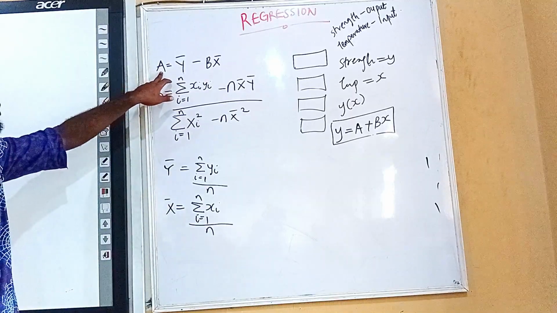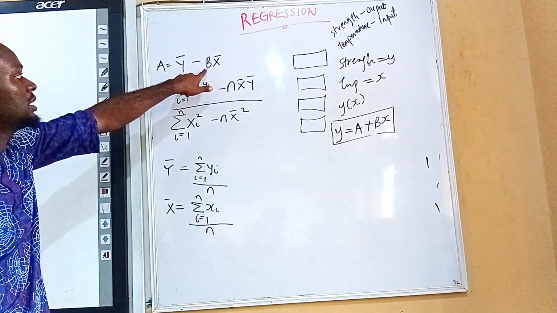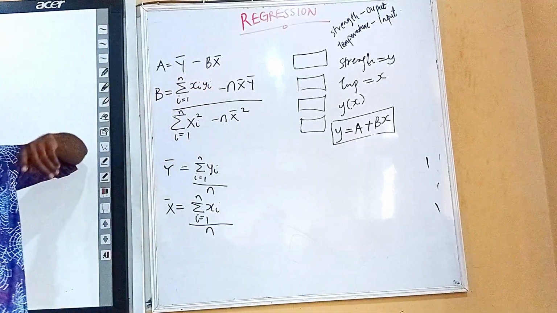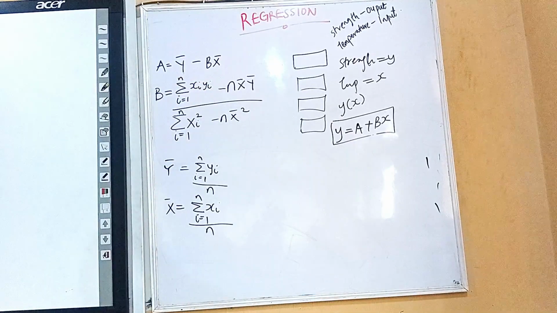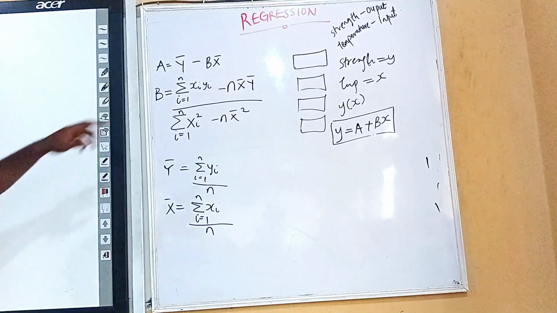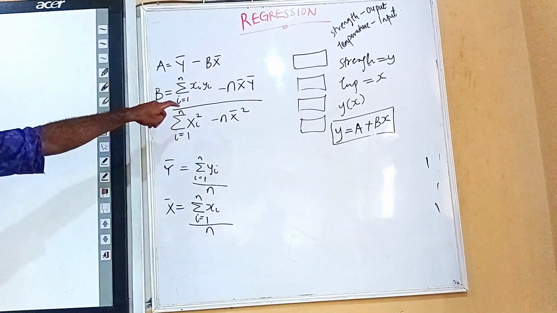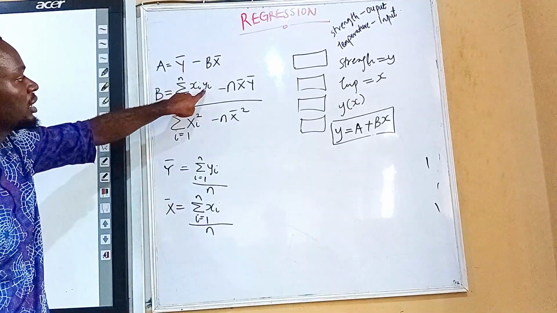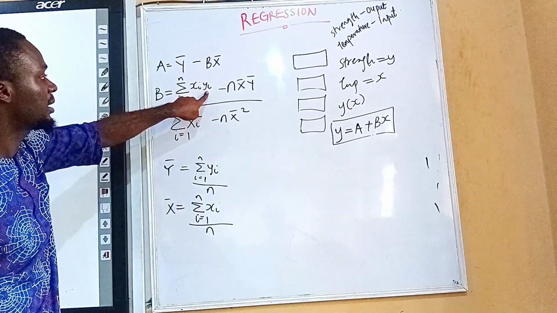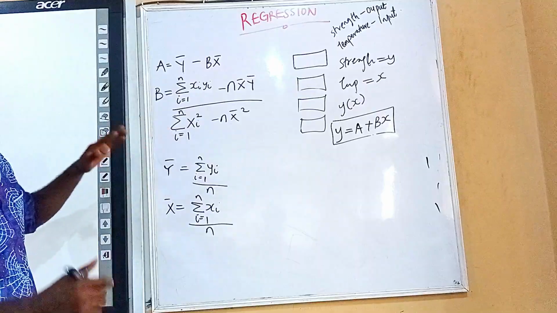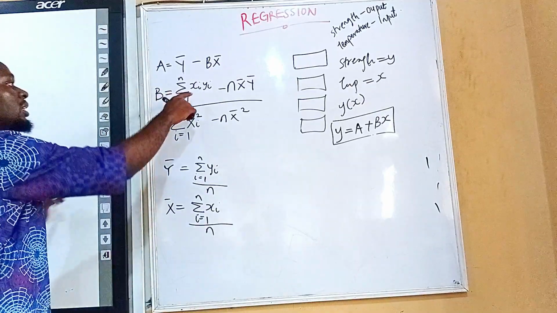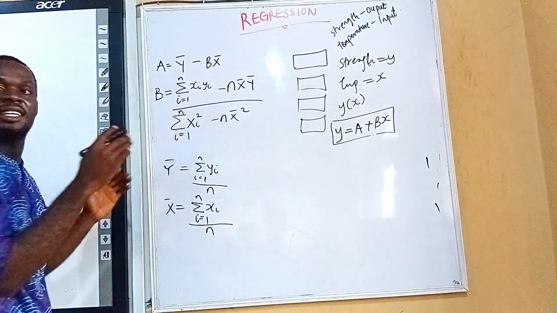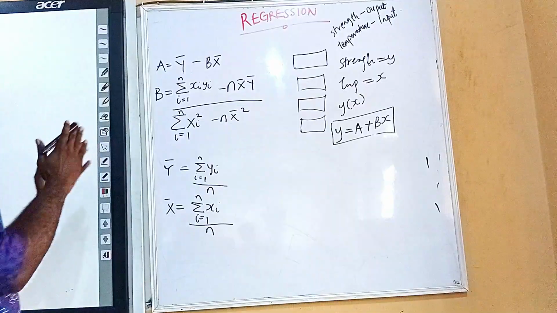So to get a completely, we need b. So the b is equal to: you multiply s and y, multiply the value of s and y individually, then you sum it up.